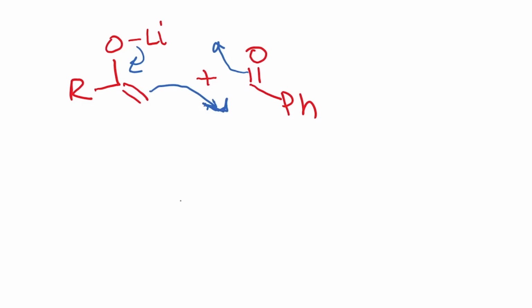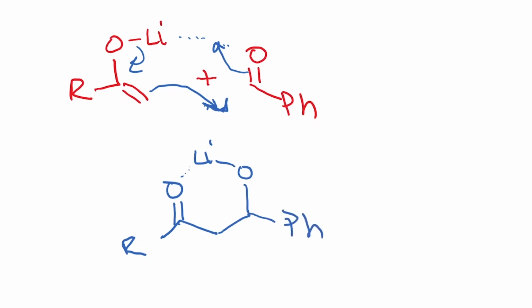It's a 6-membered reaction transition state, and you end up with C double bond O, and you can imagine that this lithium is coordinating to this carbonyl, and you get the new bond that is being formed. Now there's an actual bond between oxygen and lithium, and then there's going to be a coordinated bond here.